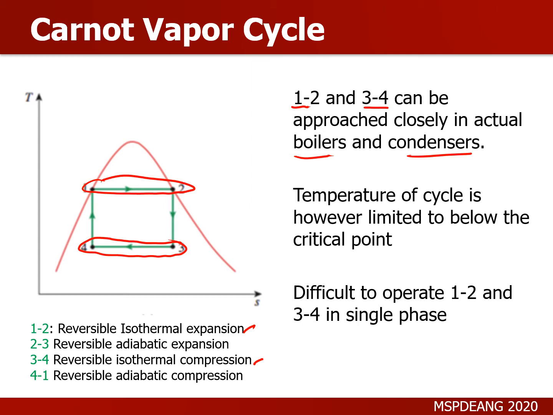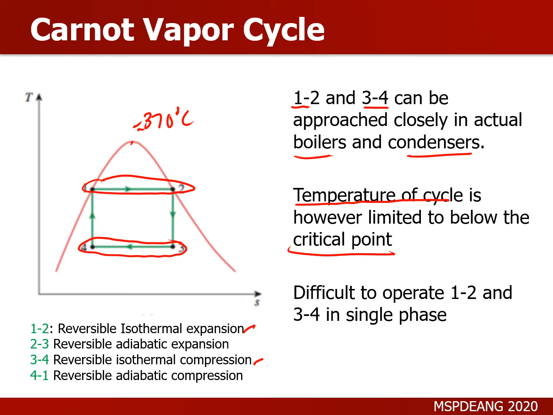However, a limitation of this cycle is that if you operate it within the two-phase system, your operating temperature of the cycle is below the critical point. And the critical point of water is around 370 degrees Celsius. So malilimit talaga yung operating temperature natin.